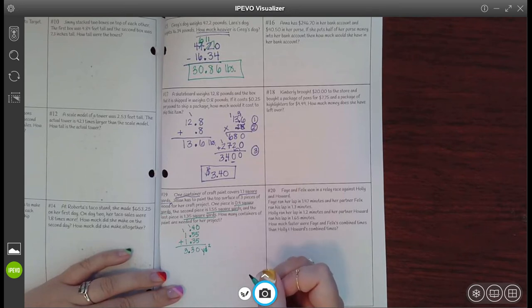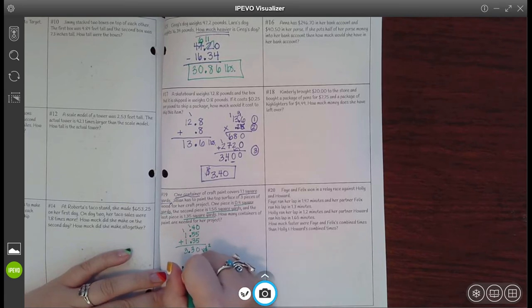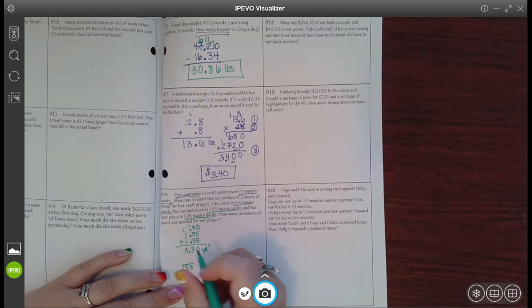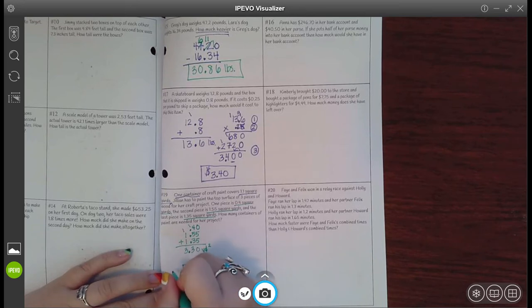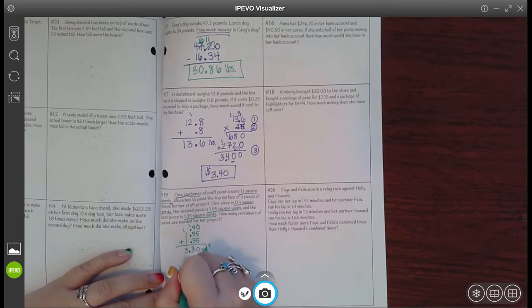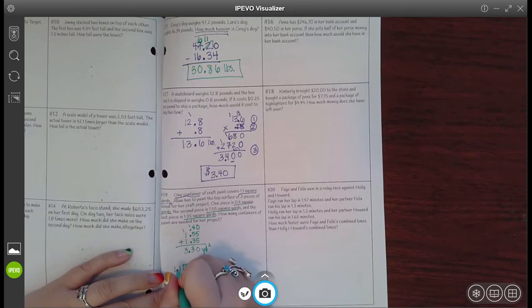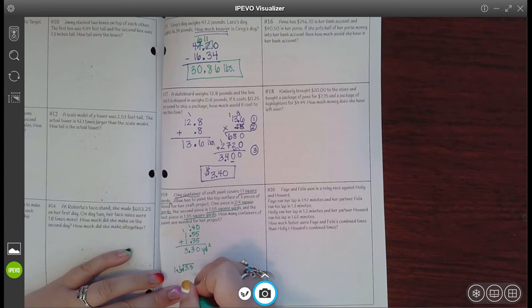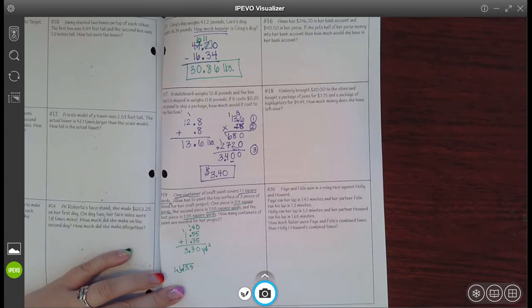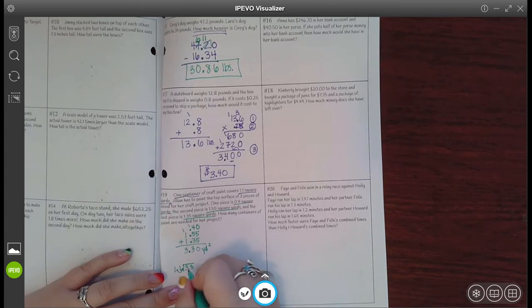So then I need to divide the amount she needs to paint by how much 1 can of paint can actually cover. So the total amount needed to cover is 3.3. And I said that 1 can only cover 1.1 square yards. Well, when you're dividing with decimals, we need to move it over in the divisor so that there is no more decimals. And however many times you moved it in the divisor, move it in the dividend as well.